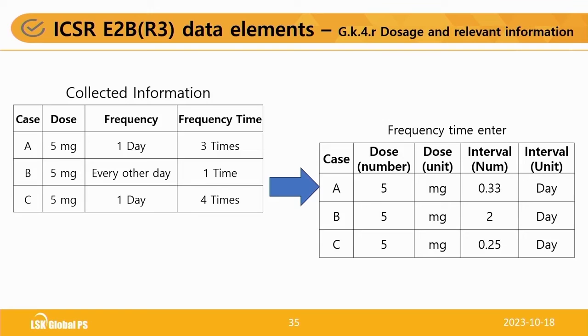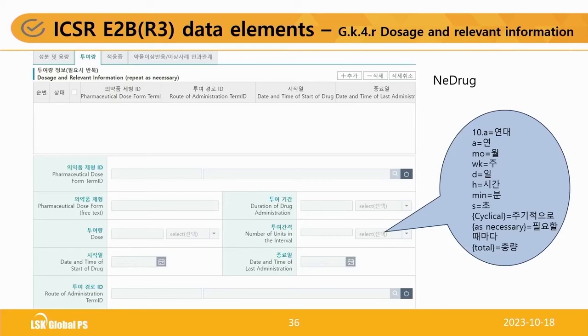And for case B, 5 milligrams were taken every other day. So on the frequency time enter, we would have dose 5 under dose and mg under dose. And then because it's taken every other day, the interval would be 2 because the interval unit is day.